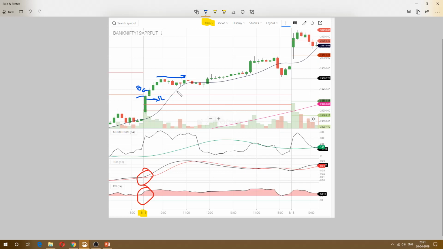What does side trailing do to momentum? Momentum will come down if the price is side trailing. What does the momentum indicator say? It tells whether the stock is moving with momentum, moving up or down. So side trail has a negative impact on momentum, it comes down, so it came down here.